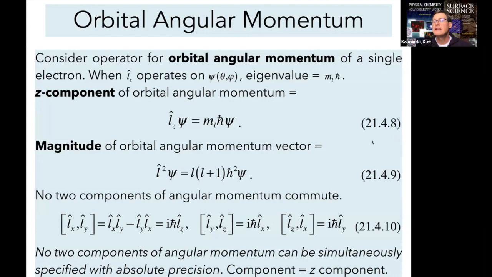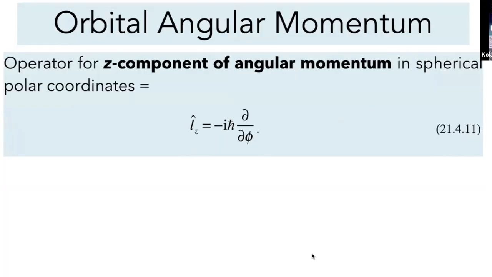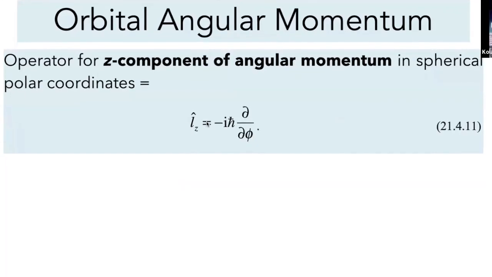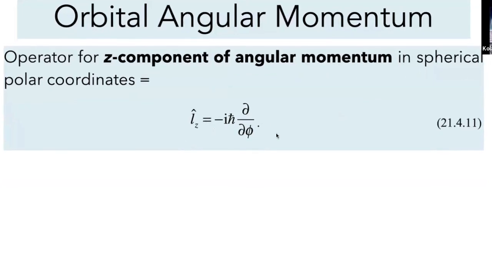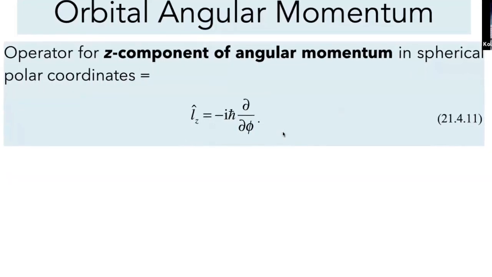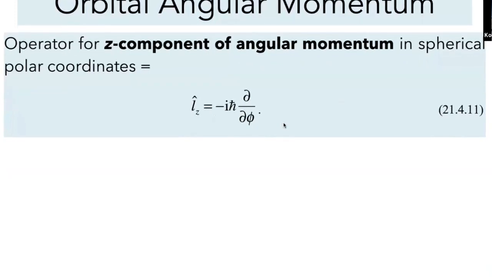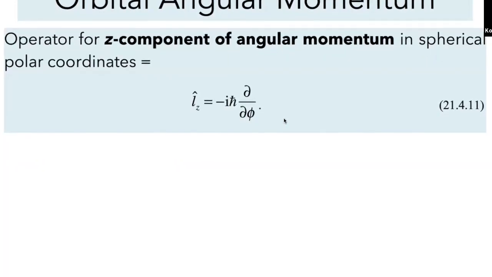Only one can be. And that one component that we're going to specify, we're going to call the z component. Now, the operator for that z component of angular momentum, when we express it in polar coordinates, it's a very simple operator, minus i times h bar times the derivative with respect to an angular variable, phi.